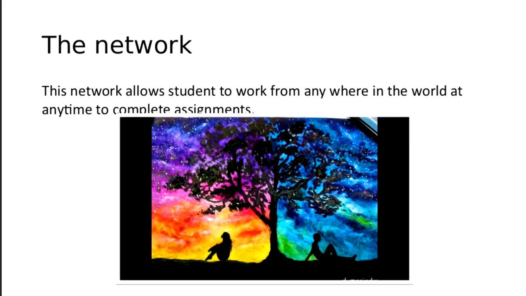Oftentimes, the network allows students to work from anywhere in the world they want, night or day, regardless of when it is, and they complete assignments and then upload them to the learning software.